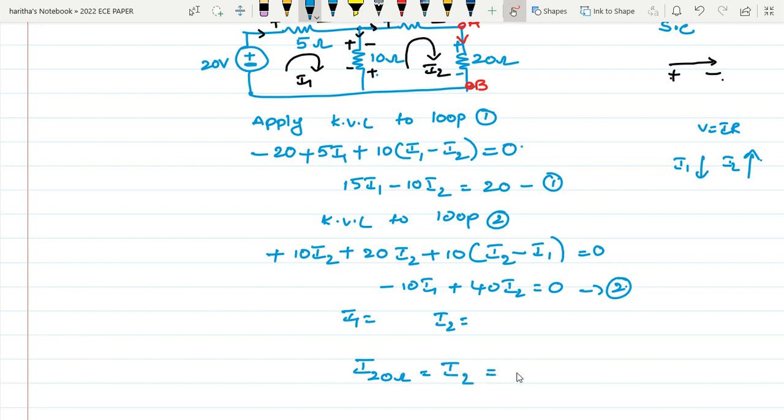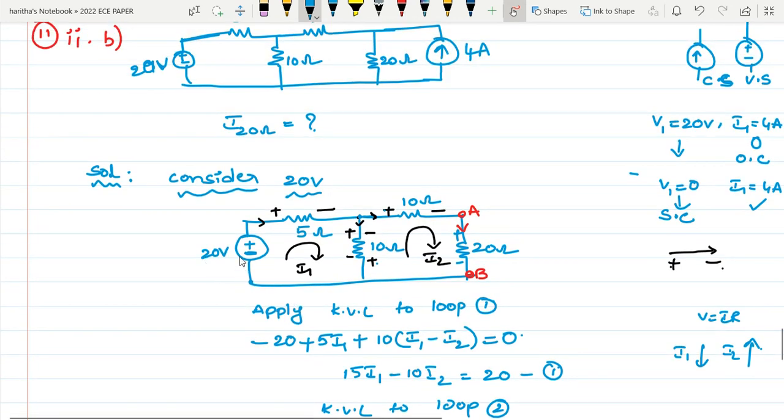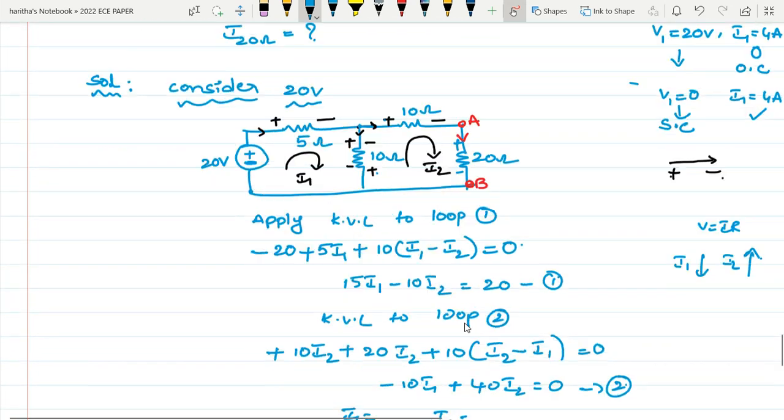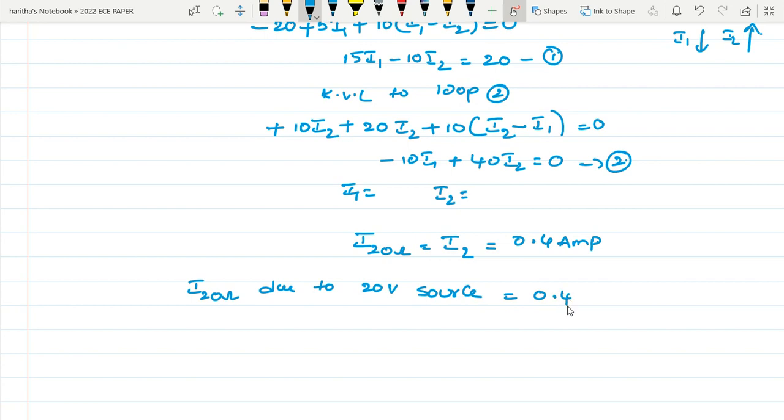So I2 is equal to 0.4 ampere. This is the current passing through the 20 ohm resistor due to only the 20 volts source.